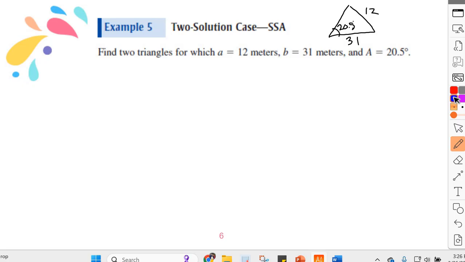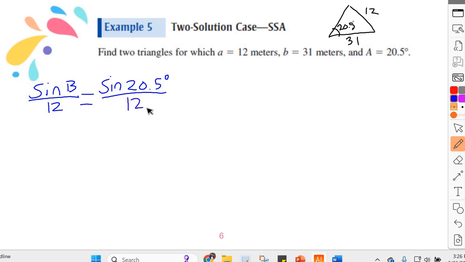Big B. Okay, so we're going to set up our sine of big B has to be over our 12, and then our sine of 20.5 degrees has to be over... Sorry, I switched those. This should be 12. Our first one should be 31.